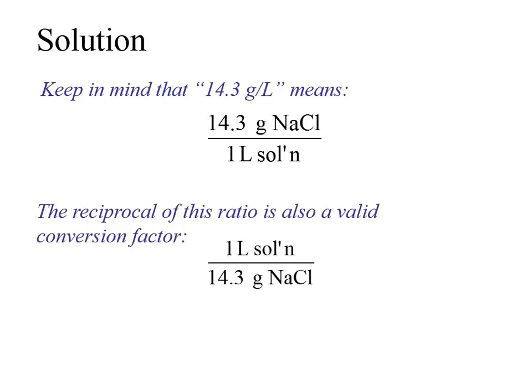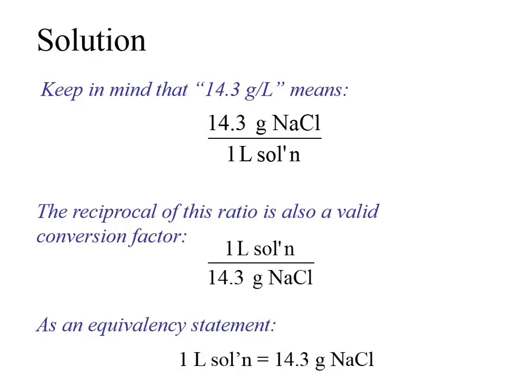And kind of what we did with density, we could flip it, and we could also flatten it out. So for this particular solution, 1 liter contains 14.3 grams of NaCl. And for this particular solution, 1 liter of solution is equal to 14.3 grams of NaCl. So all that is true about this solution.